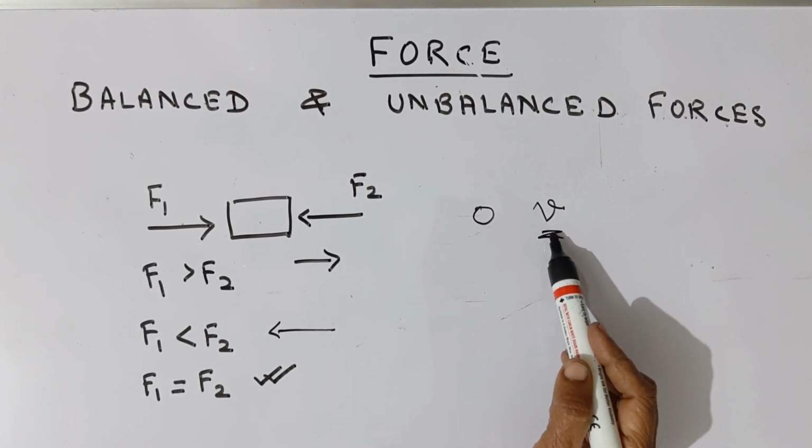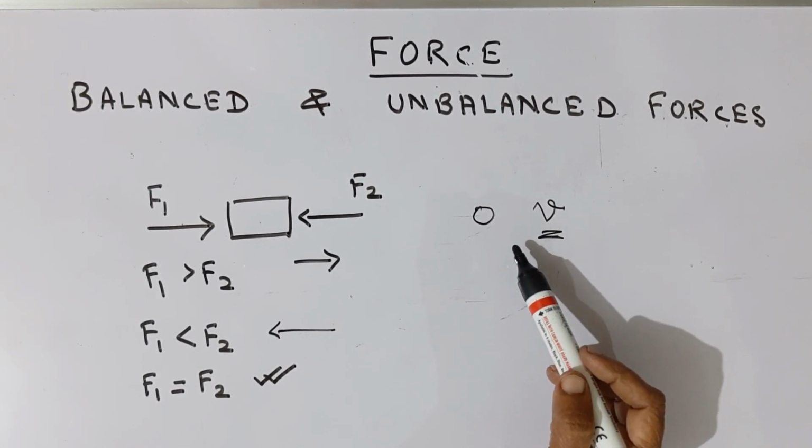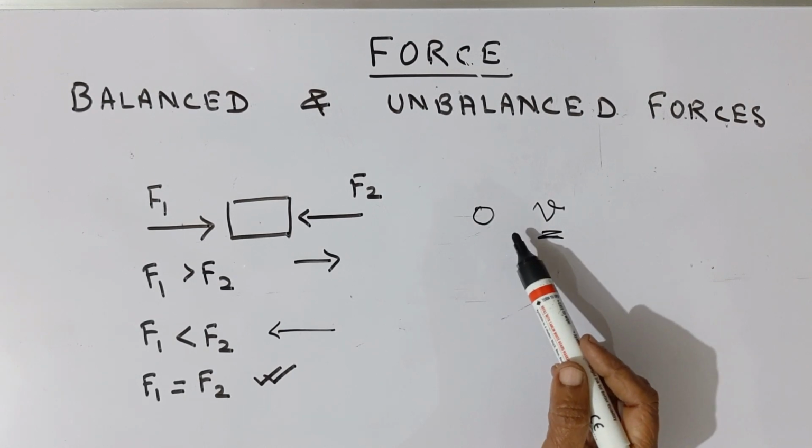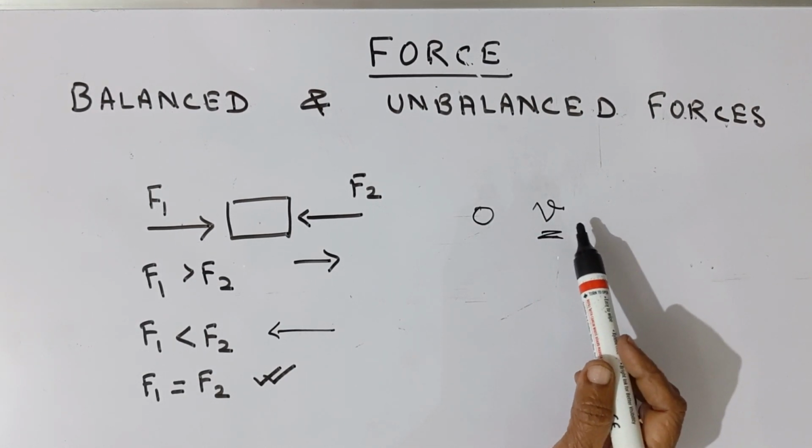Again, the change in velocity can also mean that the speed remains constant, but there is a change in direction. So all the cases are covered in this statement when we say there is an acceleration produced or an acceleration is not produced.